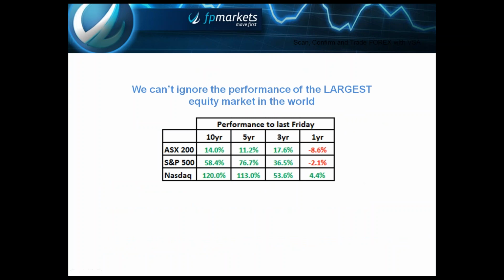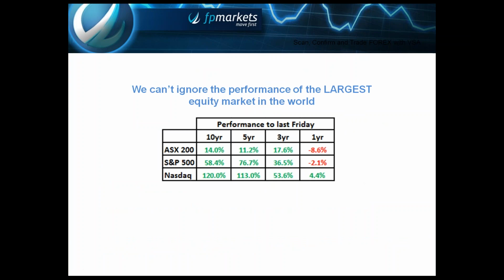Popping into the webinar and why we're here tonight, we simply can't ignore the performance of the largest equity markets in the world. The US market makes up 50% of global markets. And as you can see, the performance to last Friday, I've outlined the ASX 200, the S&P 500, and the NASDAQ as well.